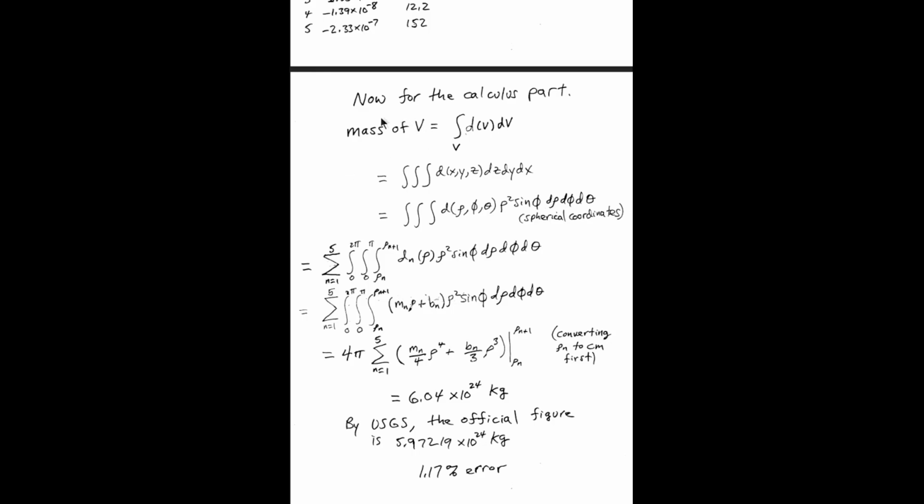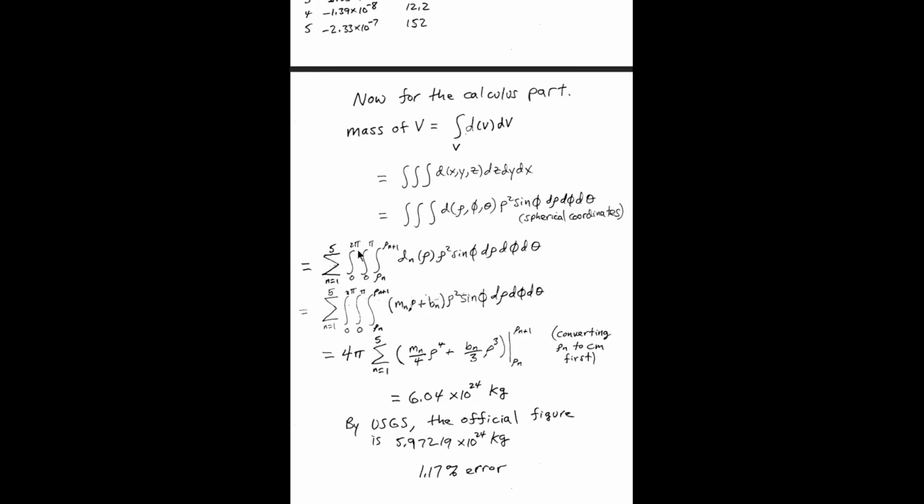the mass of our Earth, I guess we call the Earth V here, will equal the sum of the mass of each layer. So we're going to write that as the sum as n goes from 1 to 5, 1 being the inner core and so on, and 5 is the crust. Our theta limits will be 0 to 2 pi.